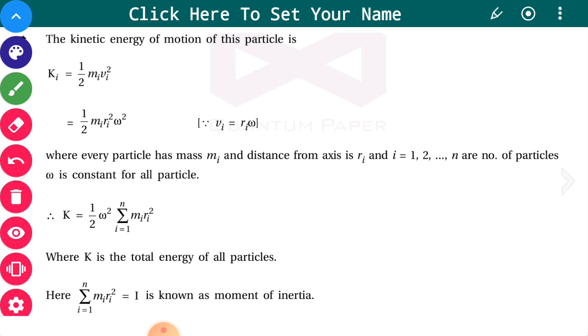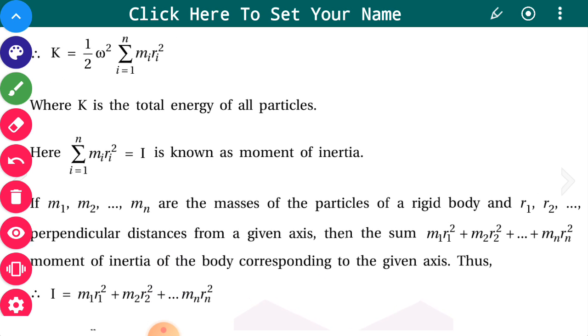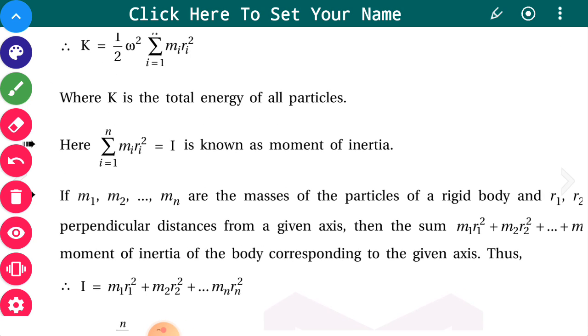Now K is the total kinetic energy of all the particles, and whatever is there in the sigma, that is the sum from i = 1 to n of m_i r_i squared, is known as the moment of inertia.